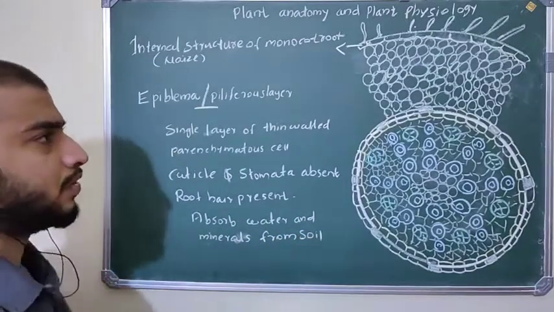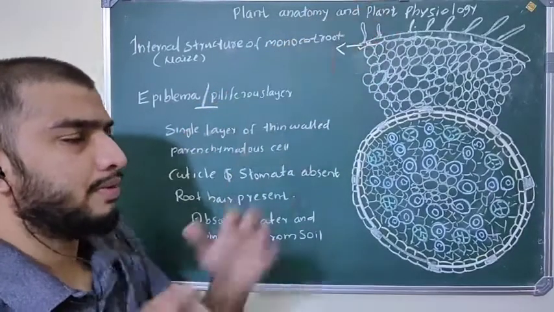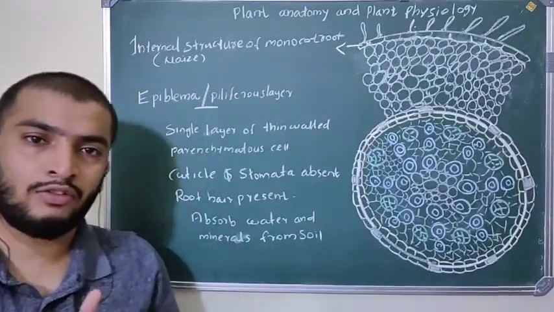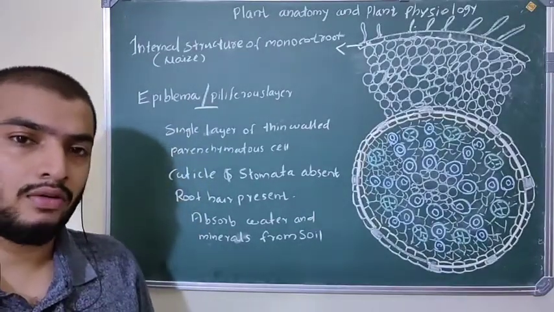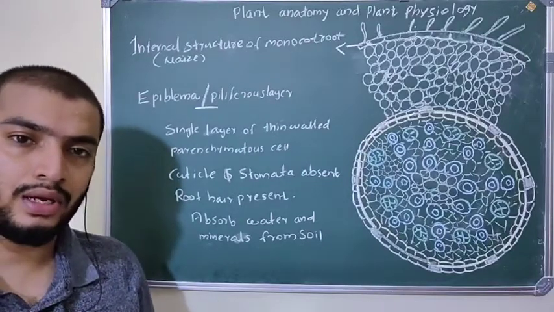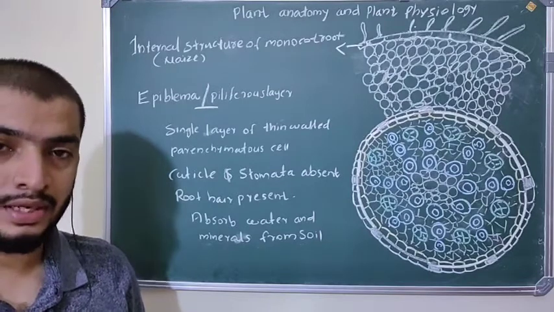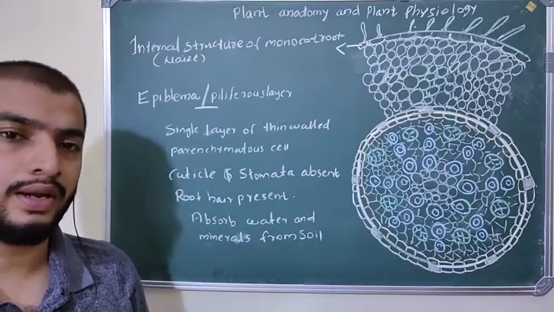So this is our first part, the piliferous layer or epiblema, made up of a single layer of thin-walled parenchymatous cells, with cuticle and stomata absent, and only root hairs present, which help in absorption of water and minerals.